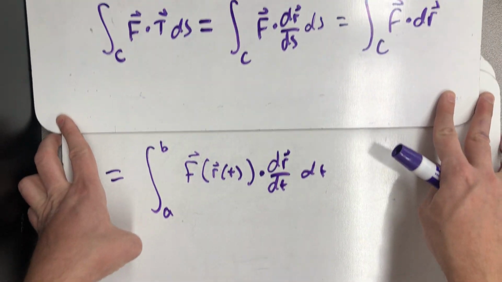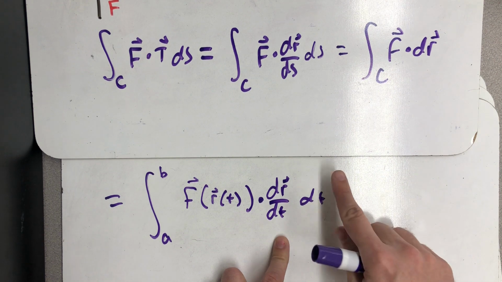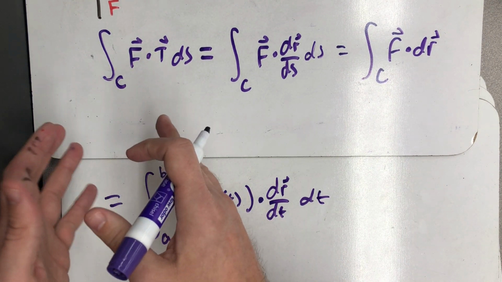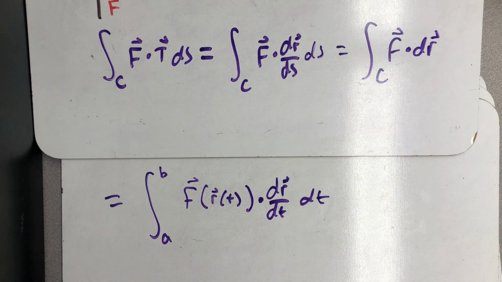Using the idea of a substitution on dr, replacing it with dr/dt times dt, and that lets me have a calculation formula for the line integral through a vector field that we just discovered.